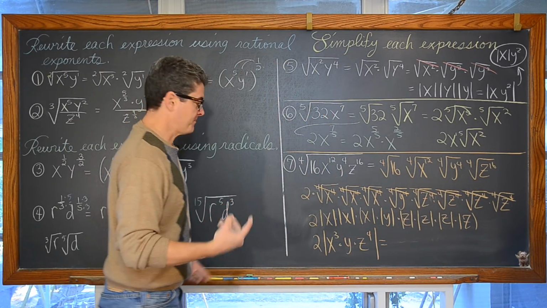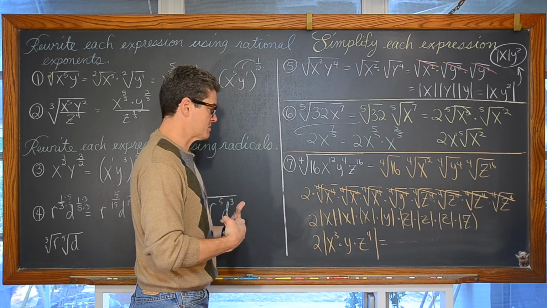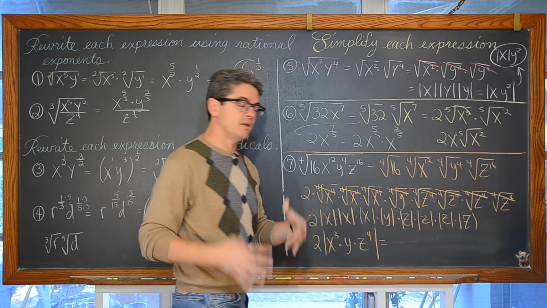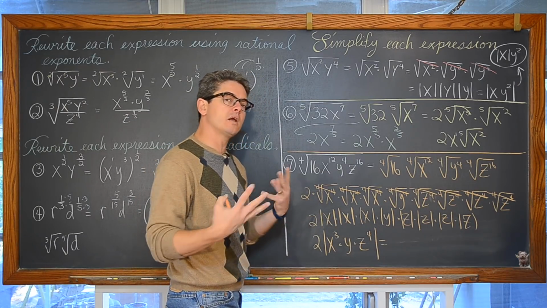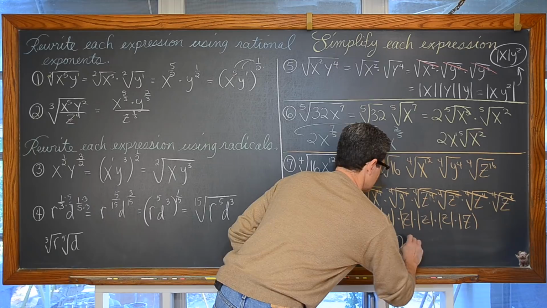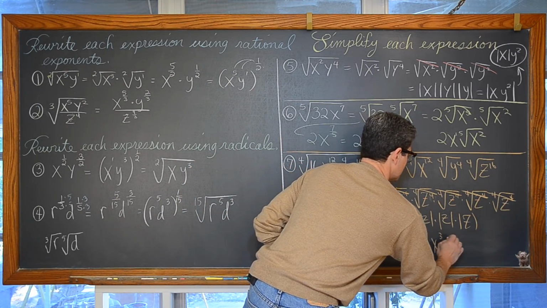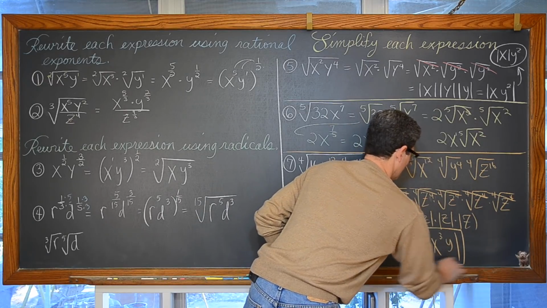But one more time, the absolute value sign is meant to make sure that that answer is positive, and z to the 4th, because of that even power, is guaranteed to be positive. So one last time, this can be written as 2 times z to the 4th times the absolute value of x to the 3rd times y.